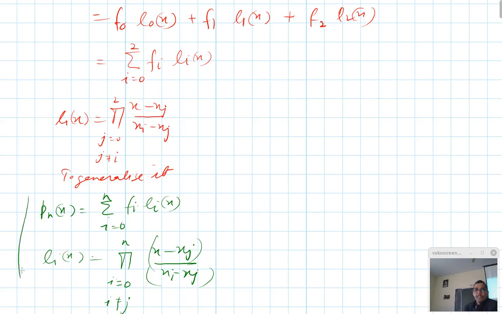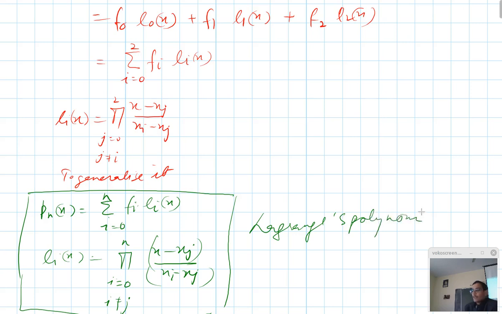So this is the Lagrange's polynomial. This is a very beautiful and interesting method, and it's very simple.